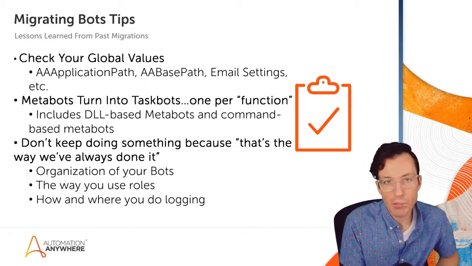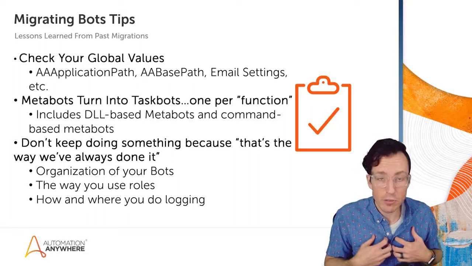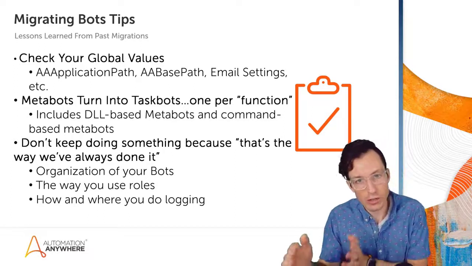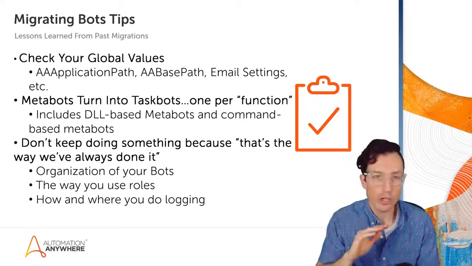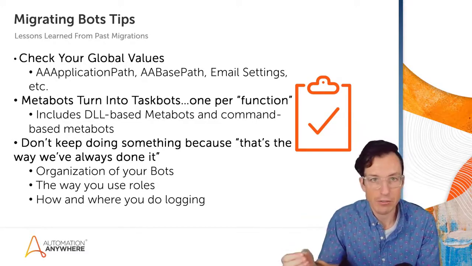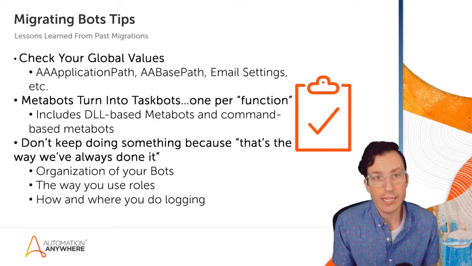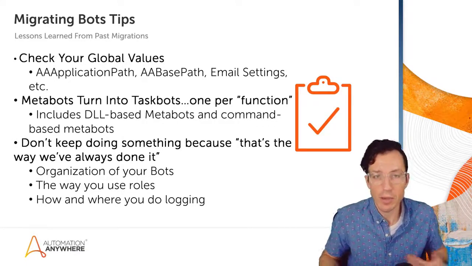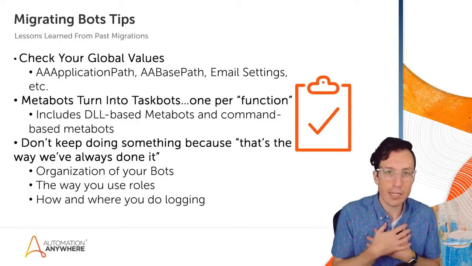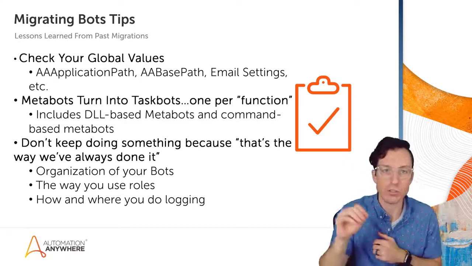The organization of your bots is really important. I can tell you that from experience, as a customer of Automation Anywhere, when we started using Automation Anywhere, we ended up with a gigantic mess in our, at the time it was the My Tasks directory. Now in Automation 360, it's the bots directory. But we ended up with a gigantic mess there because we didn't come up with a systematic approach for the way that my team is going to store all of our bots versus the way that HR is going to do it versus finance.